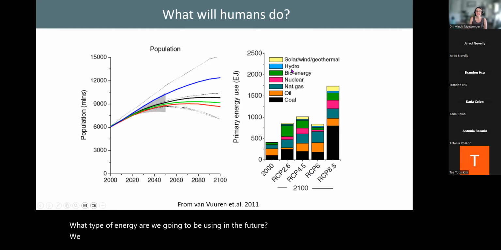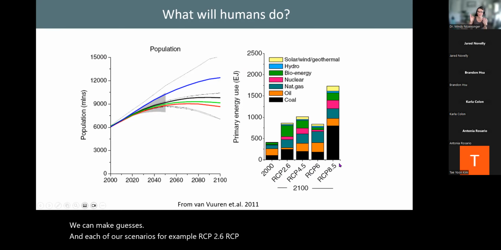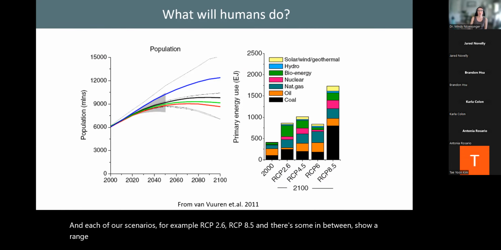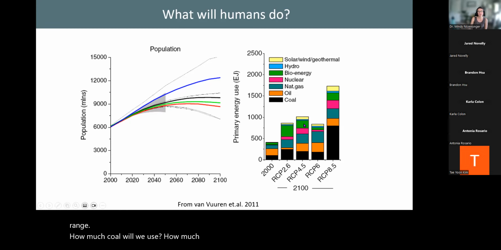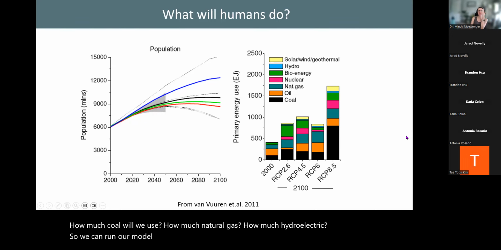Well, we can make guesses. And each of our scenarios, for example, RCP 2.6, RCP 8.5, and there's some in between, show a range. How much coal will we use? How much natural gas? How much hydroelectric? So we can run our models with different inputs for these energy sources.